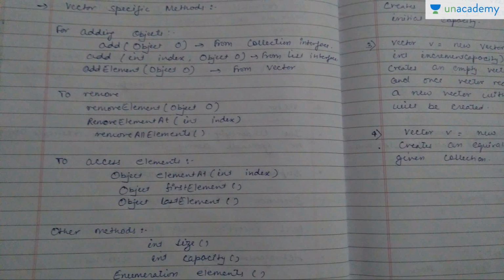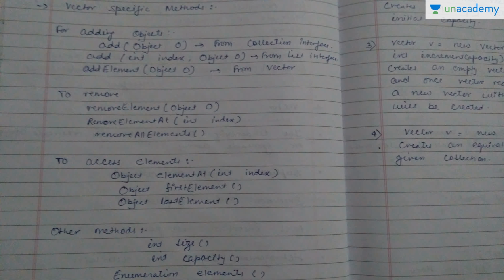Moving forward, we can see that there are certain Vector-specific methods. The first group is for adding objects. We use add(Object o); this method has been taken from the Collection interface. The second one is add(int index, Object o), which is taken from the List interface. These methods were already present in the List interface.